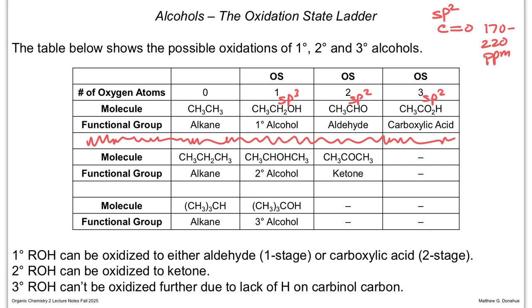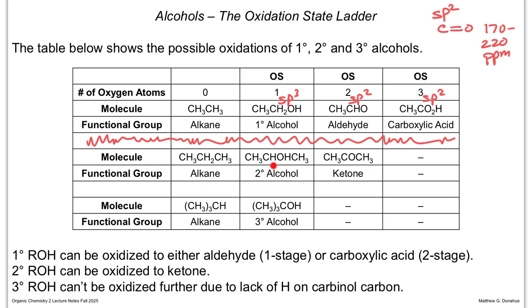So hopping down the rows now, we're going to use this 3-carbon chain, so propane. And to show the difference, we're going to take that second carbon and oxidize it. So it's now a secondary alcohol. That carbon is sp3 hybridized.